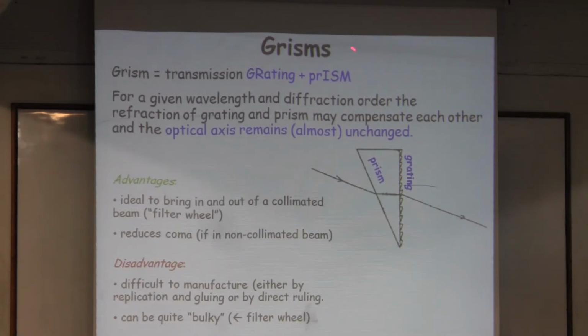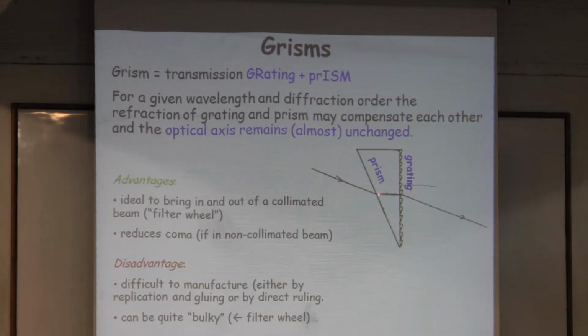And the name implies that a grism is a combination of a transmission grating plus a prism. Now, why would one do that? Let's say you have the light coming in this way, and this is of course only for one wavelength, but the prism would give you some dispersion, right? Some light this way, some would be less refracted, and so on.